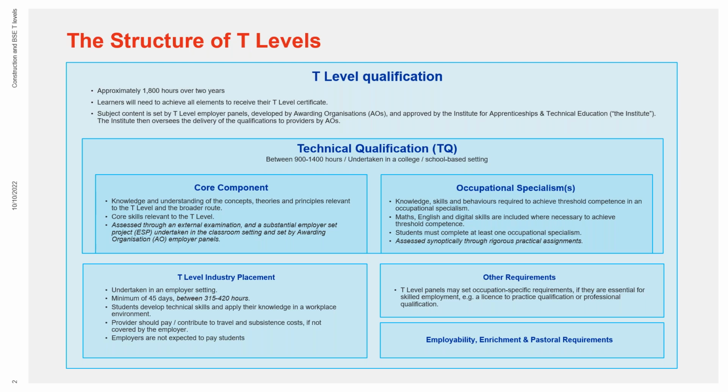Clearly, we are going to support also on industry placement and give guidance where we can. But our main emphasis and main role in the T-level is the core and the occupational specialism. So that's just a basic overview of the structure that we've had to work within in order to create the T-level for on-site and the T-level for building services.